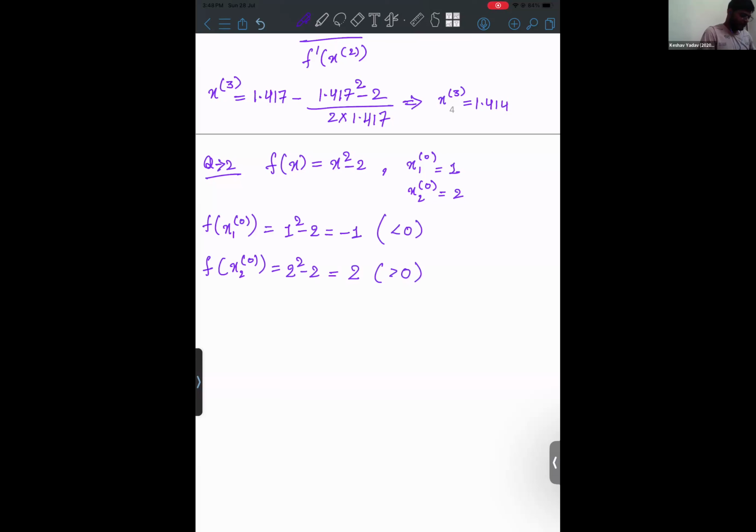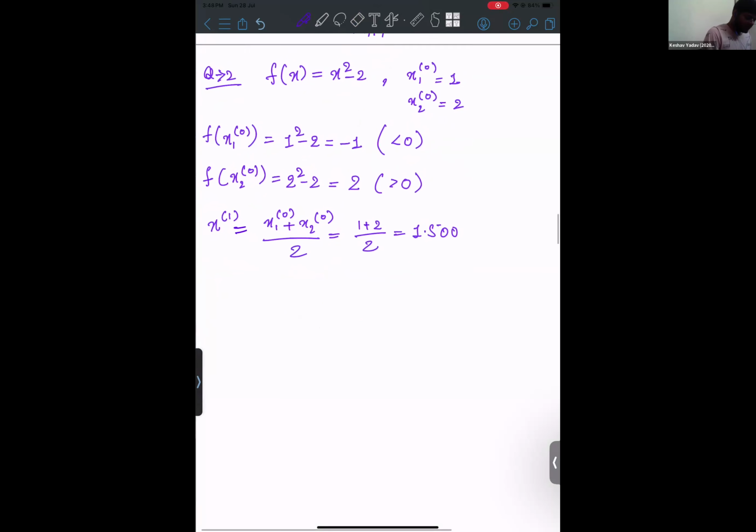So our new value of x at first iteration will be x1 at 0th iteration plus x2 at 0th iteration divided by 2. So 1 plus 2 divided by 2 gives 1.500. Now we need to check whether this will be x1 or x2.